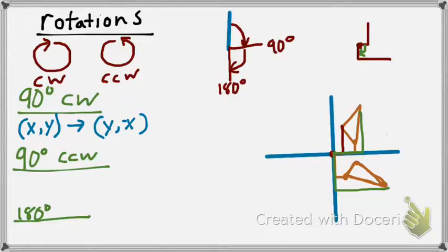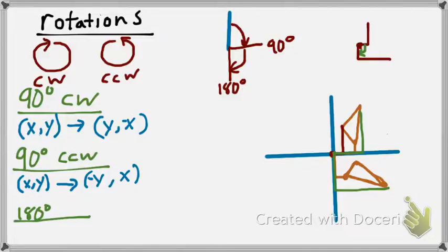All right. For a 90-degree counterclockwise rotation, you say x and y becomes, again, it's 90 degrees, so x and y are going to change sides. And this time, since it's counterclockwise, the y changes its sign.